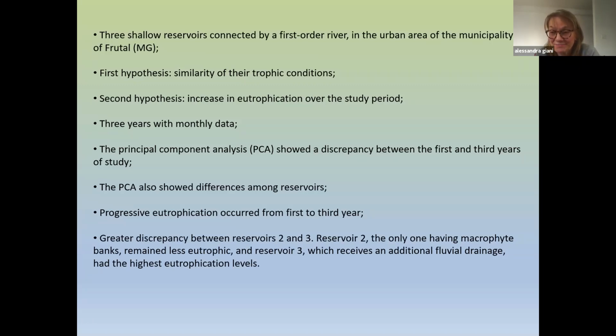What do you think? Just to keep the discussion going. Repeat, please. I was wondering about the effect of macrophytes on your water quality data, because there are differences between reservoirs in the presence or absence of macrophytes. Could you translate, Alessandra?